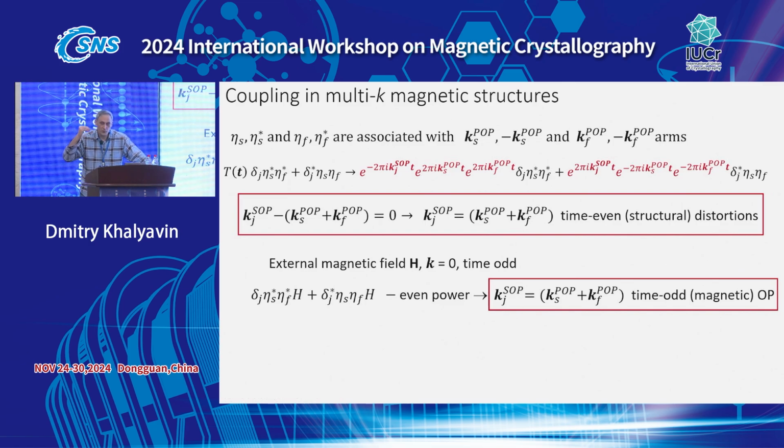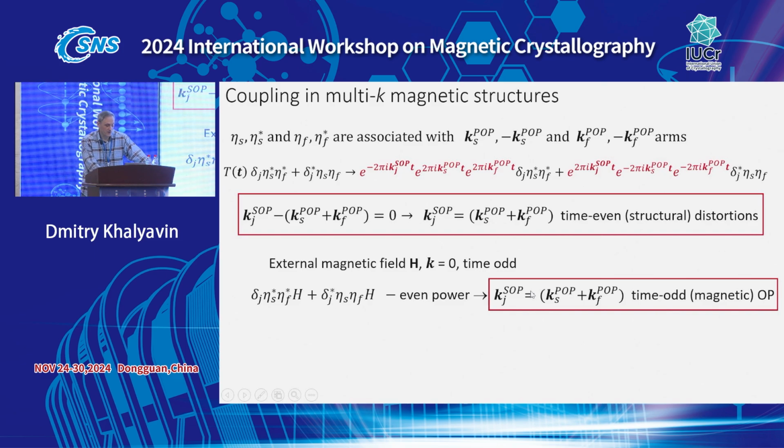So if we have a 2K magnetic structure and apply a magnetic field, then on top of the structural distortion, which will be very hard to see with neutron diffraction because it is very weak, we will also have a magnetic contribution to K1 plus K2, coming from this coupling term, which also includes the magnetic field.